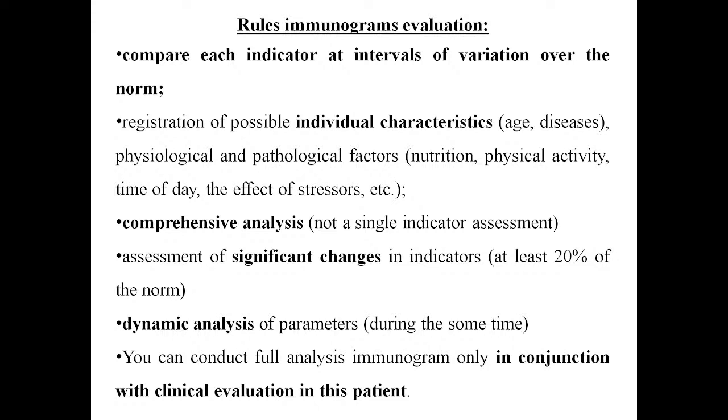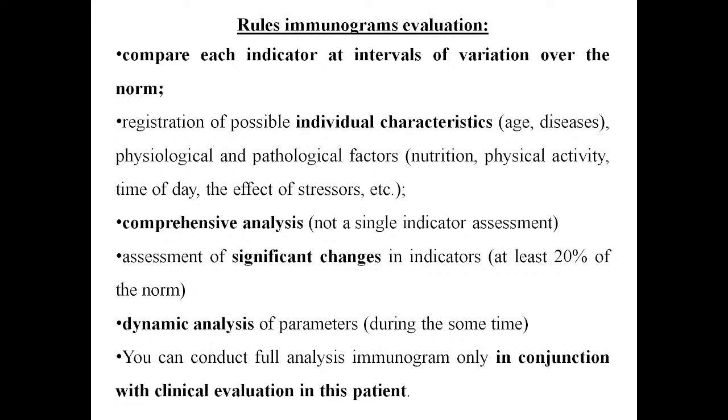Then we should use the rule of dynamic analysis of parameters. Dynamic analysis means not just a single time, but over time. For example, today, then after 1 month, then once more and once more. And we should compare these immunograms that are made several times.